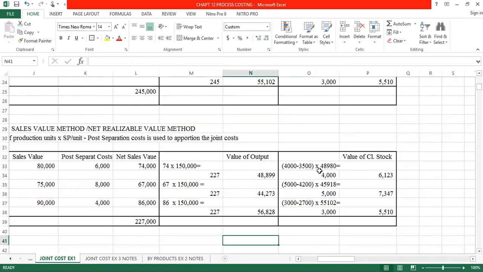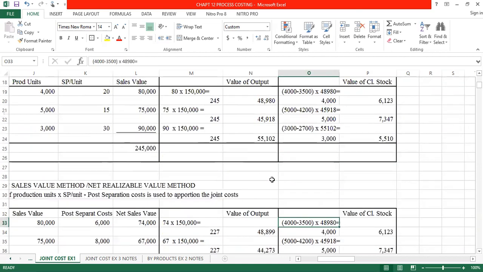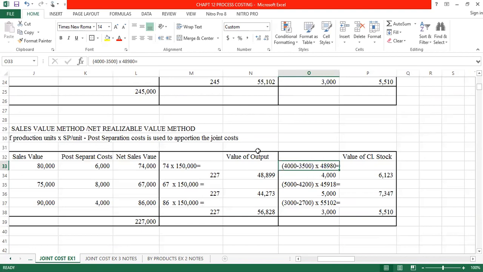Of course, this one is now 48,889. This one changes to, the new value is 899. This one, the new value changes to 44,273.